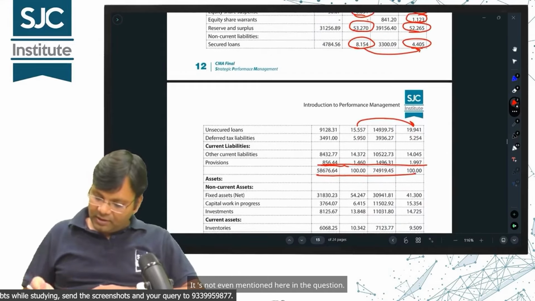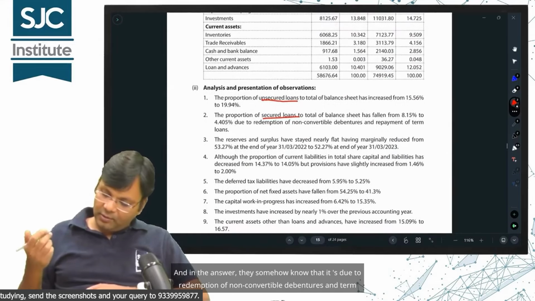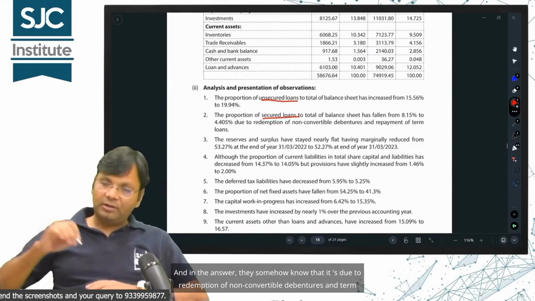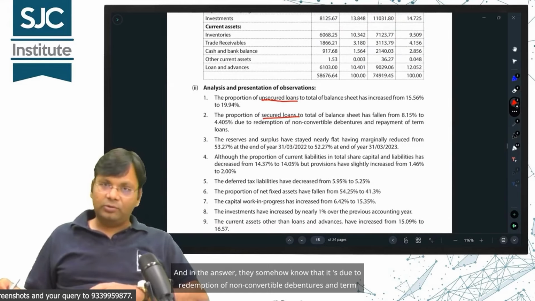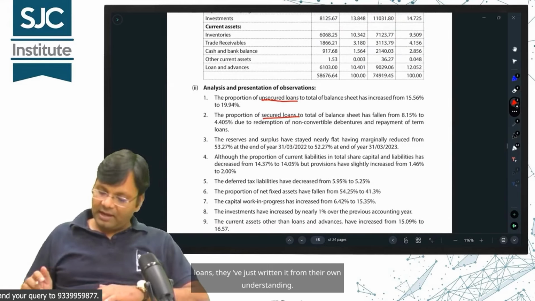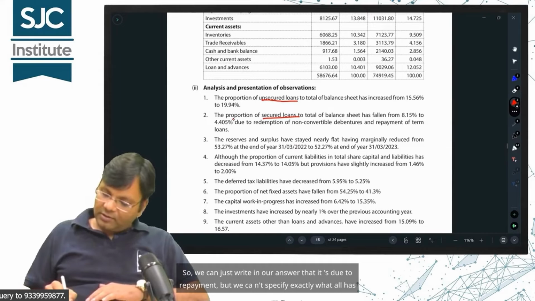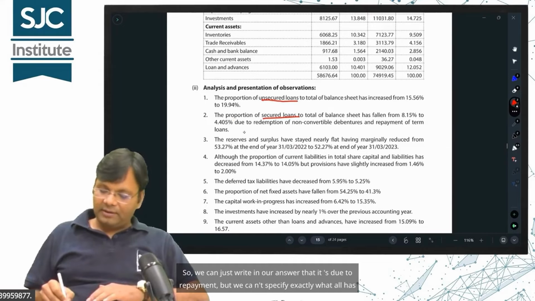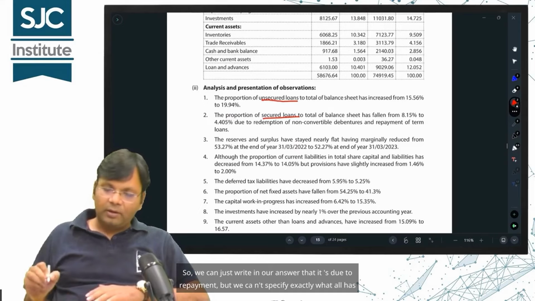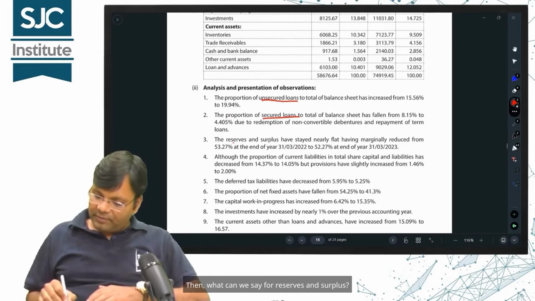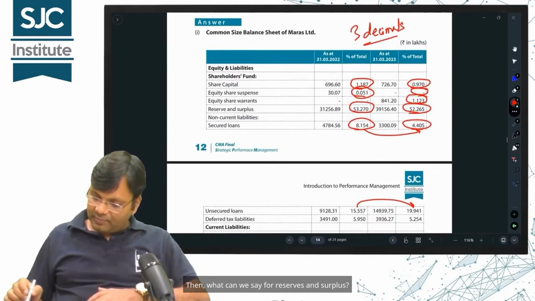It's not even mentioned here in the question, and in the answer, they somehow know that it's due to redemption of non-convertible debentures and term loans. They've just written it from their own understanding. So, we can just write in our answer that it's due to repayment, but we can't specify exactly what all has been redeemed. Then, what can we say for reserves and surplus?